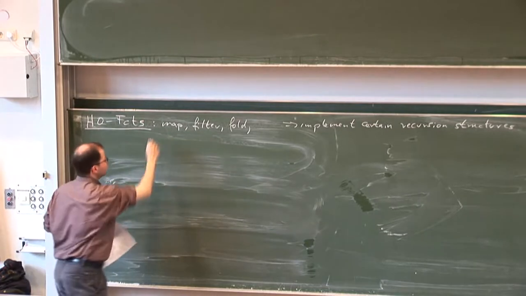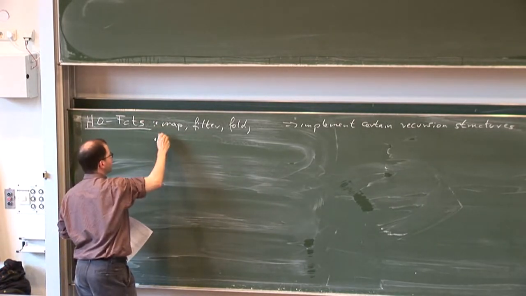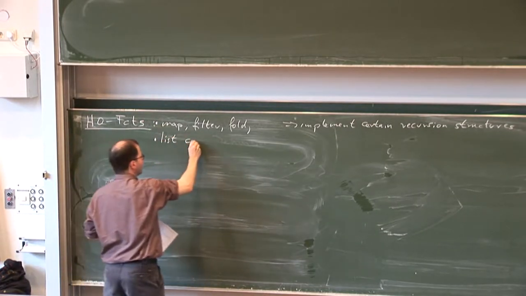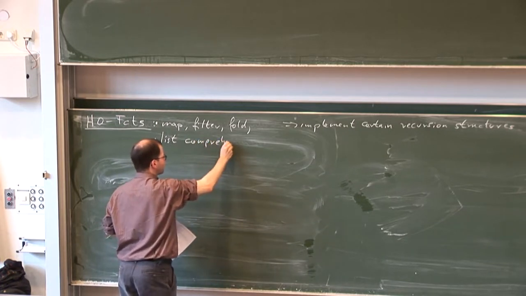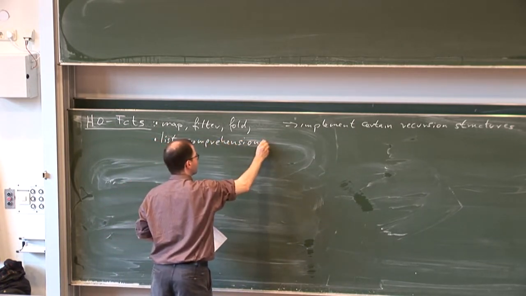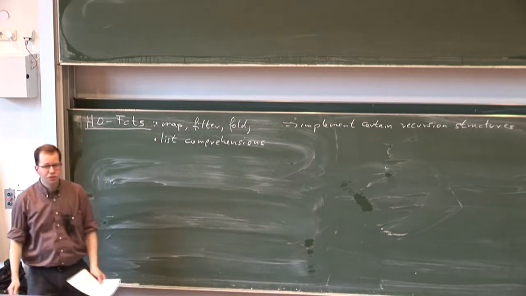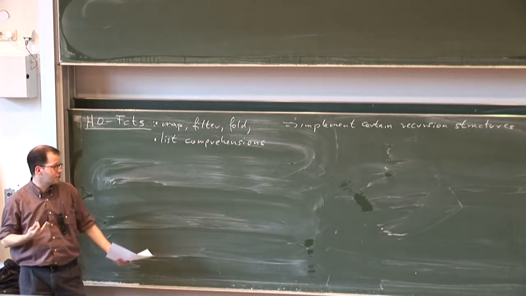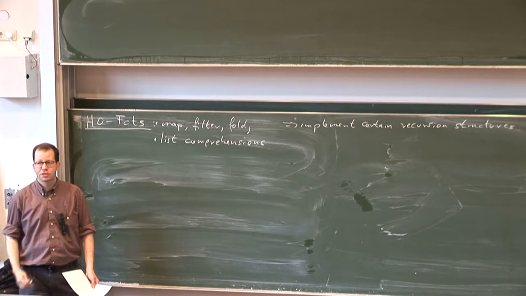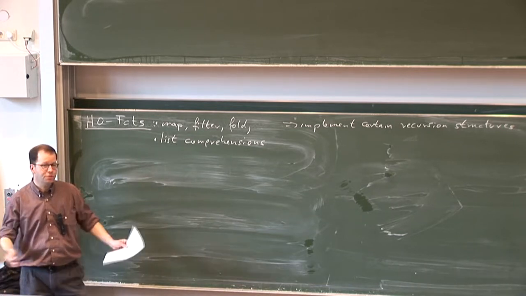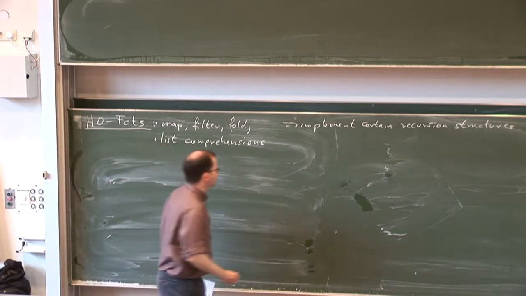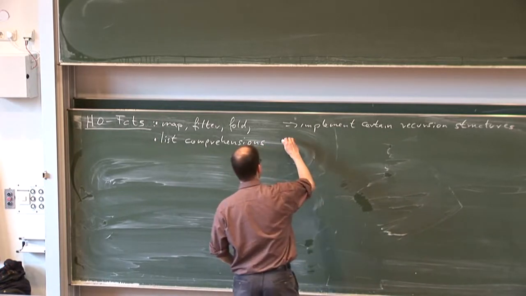So apart from this, you can also use higher order functions to build so-called list comprehensions. This is just a nice syntactic notation which is easy to read and which makes it possible to formulate very short and concise programs.